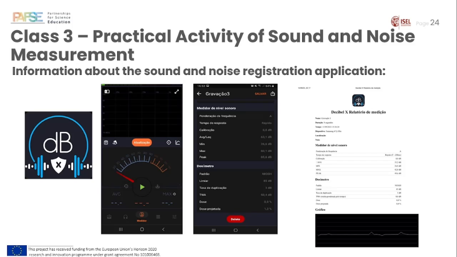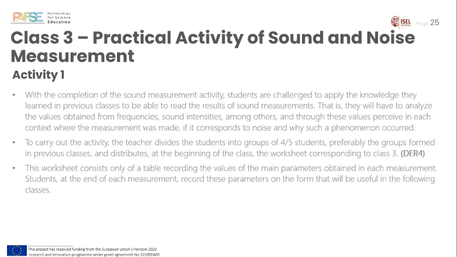In the third image, we can see what will be shown to the students when they finish recording a sound measurement, and in the fourth image, we can see what the report has in terms of information and the graphic, as we can see in the image below, the report that the application produces. All this information is, like I said, available at the learning guides.